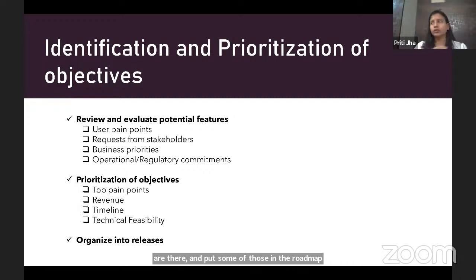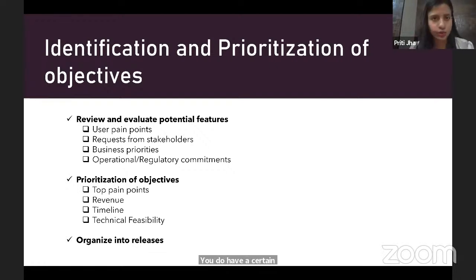Now, how do you do that in that particular meeting? It's not something based on hierarchy, where somebody senior says something and, just because of that, I'll put a feature in the roadmap, or some feature looks very fancy and I'll put that. It's not like that. You do have a certain criteria for the prioritization of those objectives.